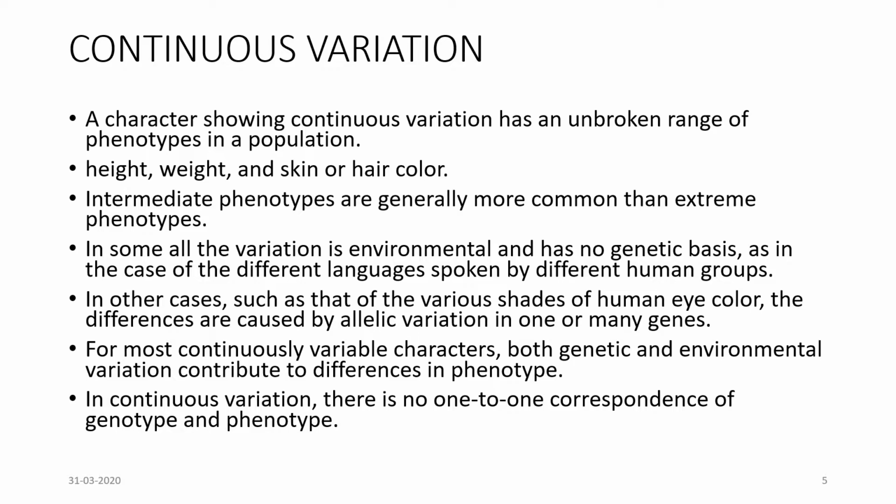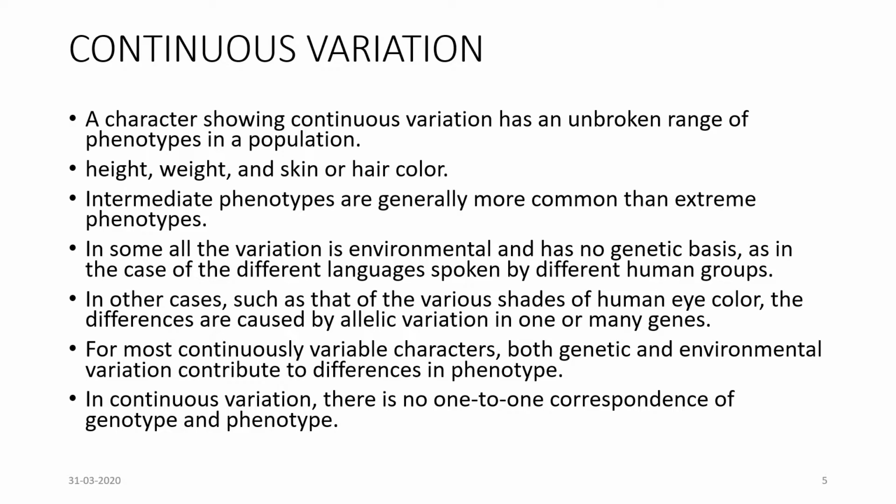In some cases, all of the variation is environmental and has no genetic basis, as with the different languages spoken by different human groups. In other cases, such as shades of human eye color, the differences are caused by allelic variation in one or more genes.